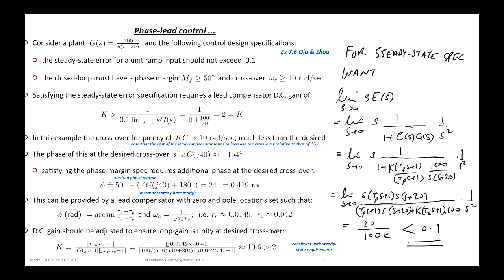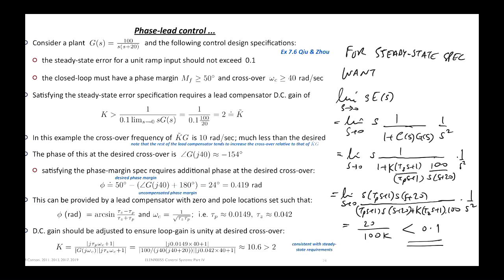All right. So, that's how much we would have to scale the gain of the open loop plant to achieve this specification. But if you just multiplied the plant transfer function by a constant gain equal to the smallest required to meet this specification, you would get a crossover frequency that's much less than required.